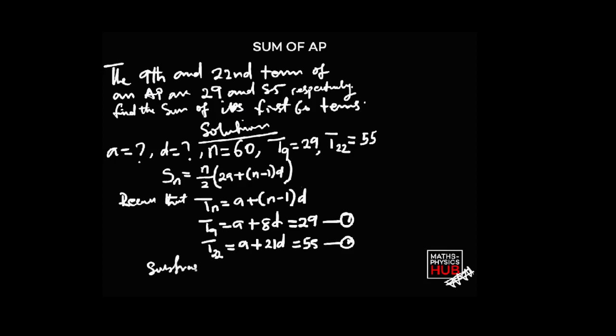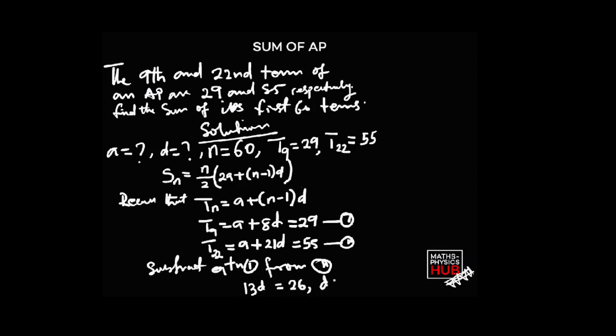Subtract equation 1 from equation 2. The a's cancel. Then 21 minus 8 is 13, so we have 13d equals 55 minus 29, which is 26.